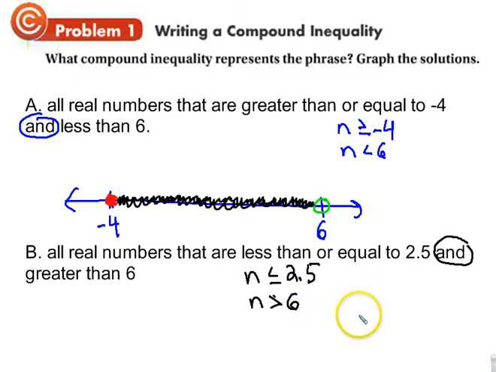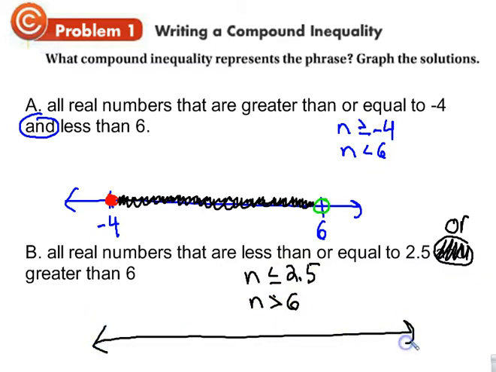Less than 2.5 or greater than 6. So when we look at this one, sorry, it's supposed to be an or. Okay, it's supposed to be an or. All right, so we've got the numbers that are less than or equal to 2.5 and the numbers that are greater than 6. So we go through the process.